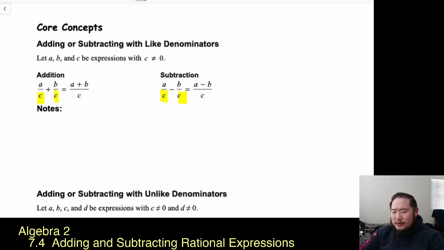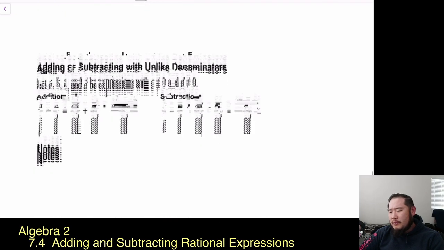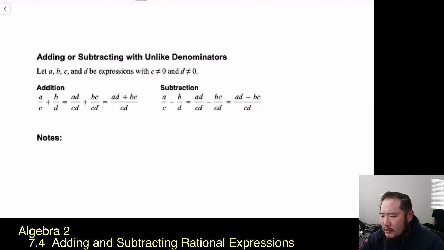So what do we do in order to get common denominators? If I look at the two denominators here, we have C and D. One of the things that I always look for is, what does the other denominator have that the one on the left, the A over C, doesn't?